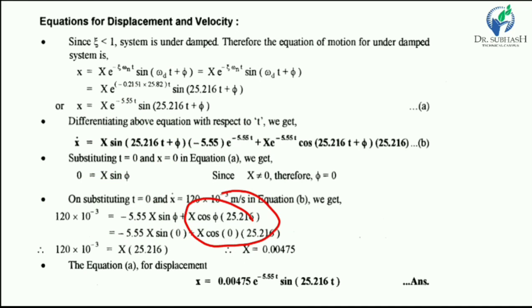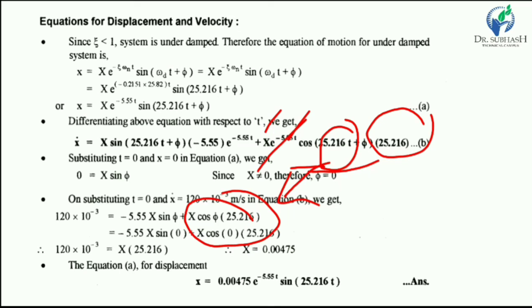And here x is e raised to 0, which is 1, and cos 5, this term is 0, and 25.216. Here this value comes ahead on this side.